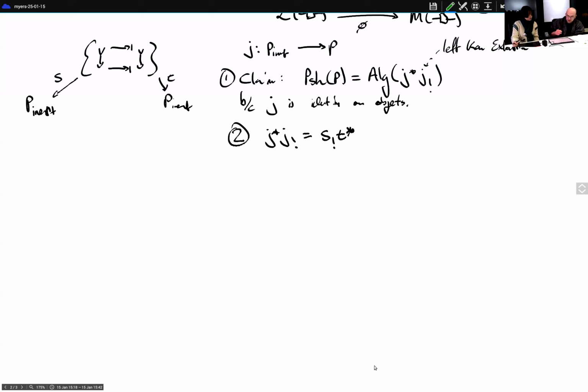What's nice about this second one, which I'll prove in a moment, is that this thing here is a discrete fibration by the factorization property. So I'm going to take my L and work with fibrations now, and this is going to be a discrete fibration. In other words, instead of doing presheaves, I'm going to do discrete fibrations. So T upper star is given by pullback.